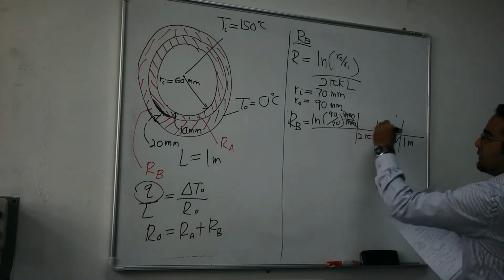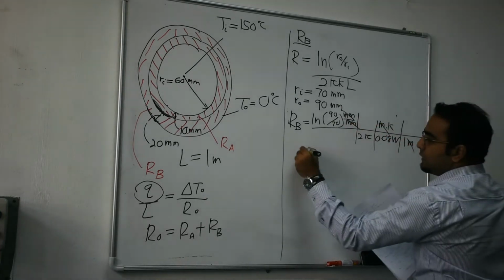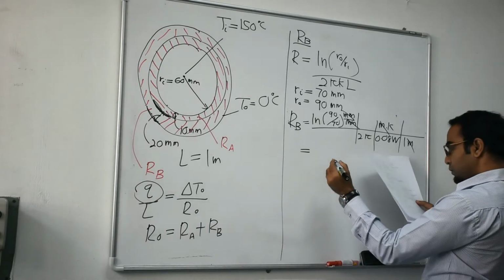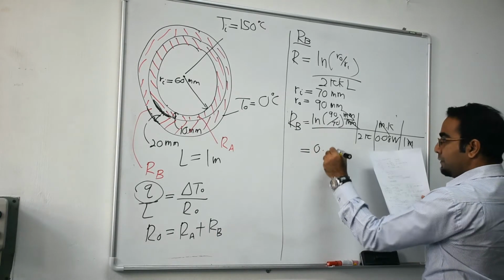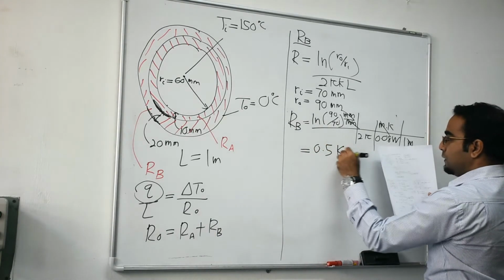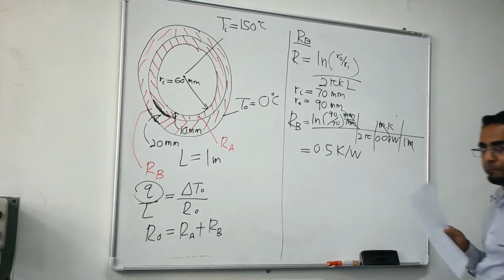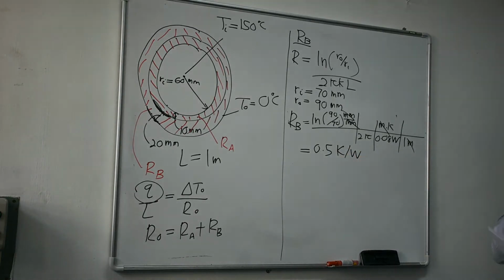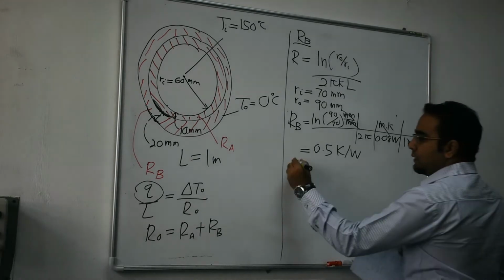So cancel off, cancel off, cancel off, cancel off, and you get the value of RB is equal to 0.5 Kelvin over watt.